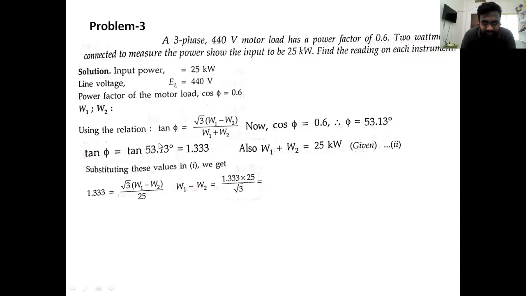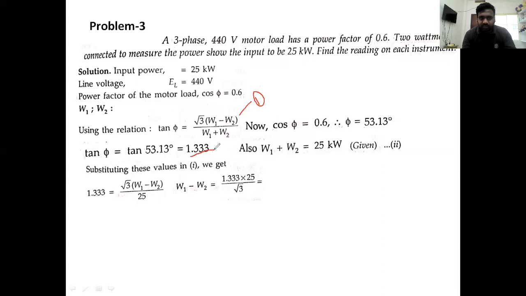This is expression 1. From this expression, I substituted the value of tan phi equal to 1.33.